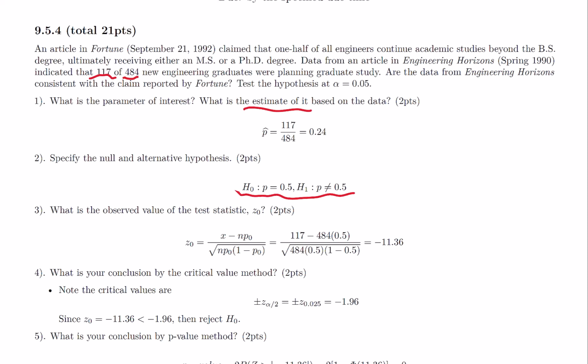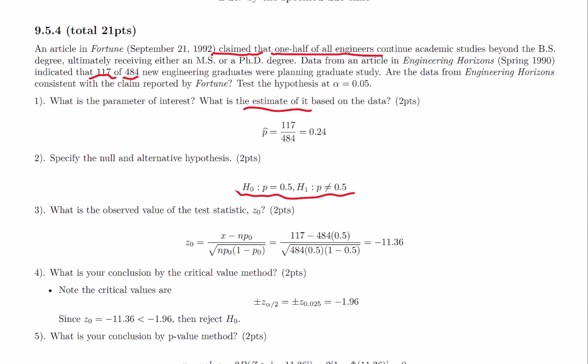And then specify the null and the alternative. The null, because think about whether the data from engineering horizon are consistent with the claim. What is the claim? The claim, 1/2 of all engineers continued academic study beyond the BS degree. Okay, so that's how we come up with the hypothesis P equals 0.5.